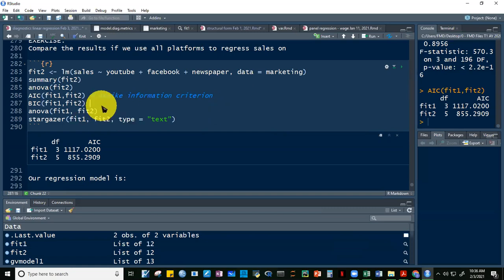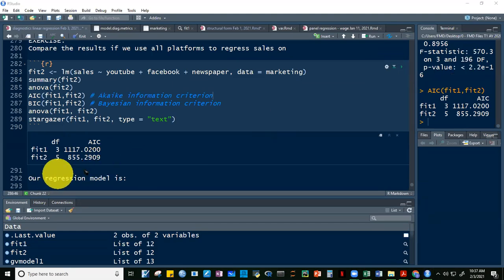Ito naman yung answer class. So sa Akaike guys, si FIT2 855, si FIT1 1117. Mas mataas si FIT1. So sino mas maganda?